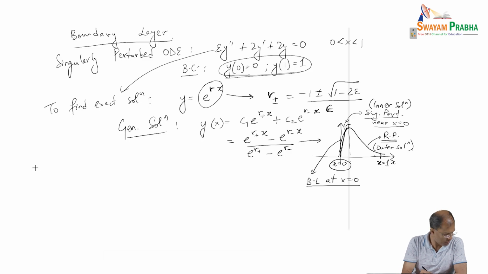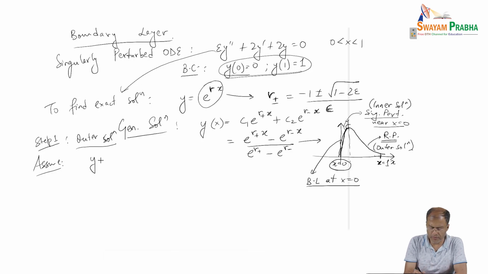this is step 1 here. We are trying to solve the outer solution near x equal to 1. That is the regular perturbed solution.